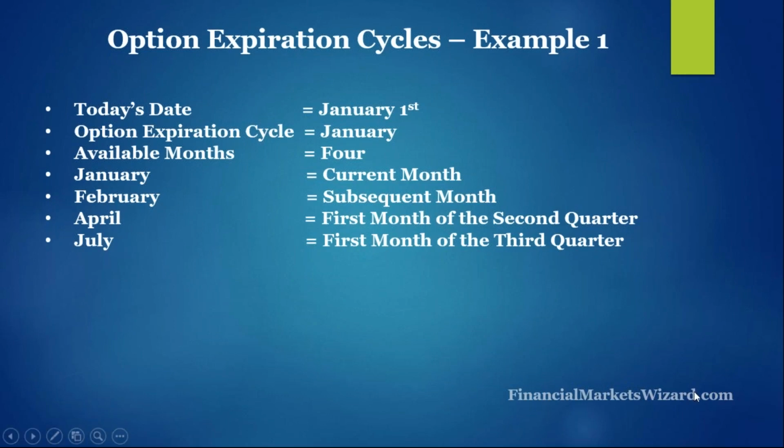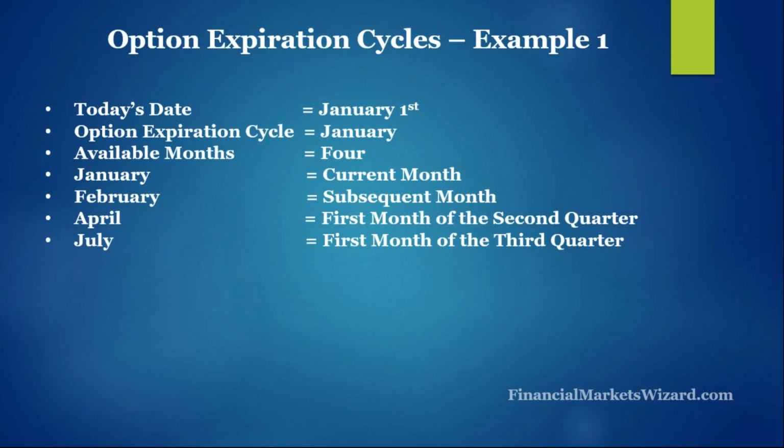So let's assume today is January 1st, and this particular stock is assigned a January cycle. Each cycle has 4 months: the first month of the first quarter, the first month of the second quarter, the first month of the third quarter, and the first month of the fourth quarter.